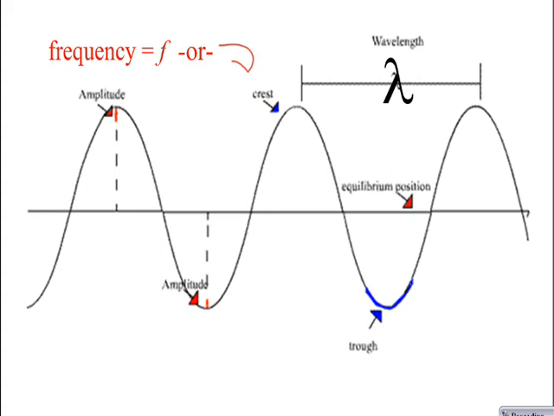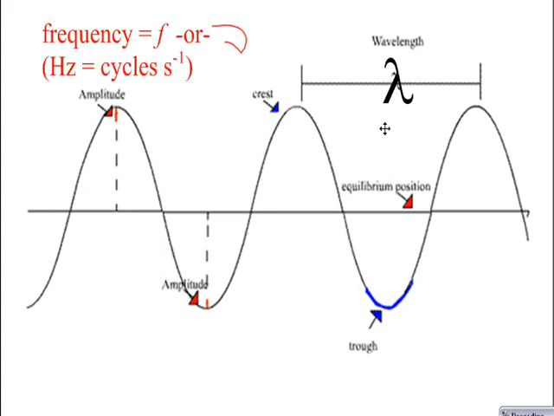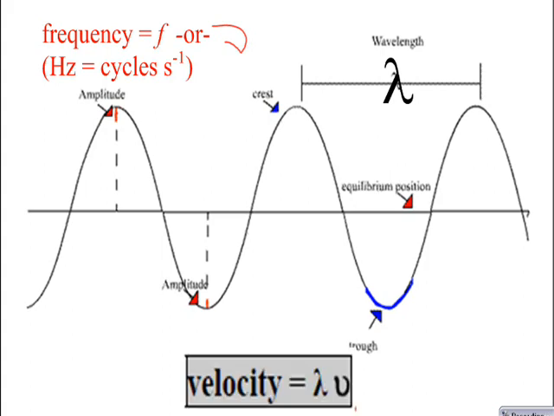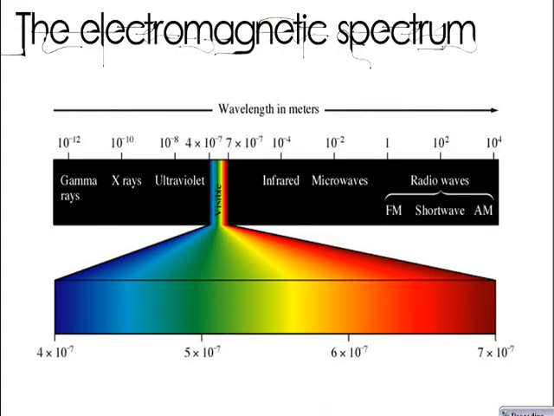Frequency is measured in hertz, which is cycles per second. And since we have a distance, and we have a per second rating for that distance, you know what's coming next? Velocity. The speed of a wave is equal to the wavelength times its frequency.